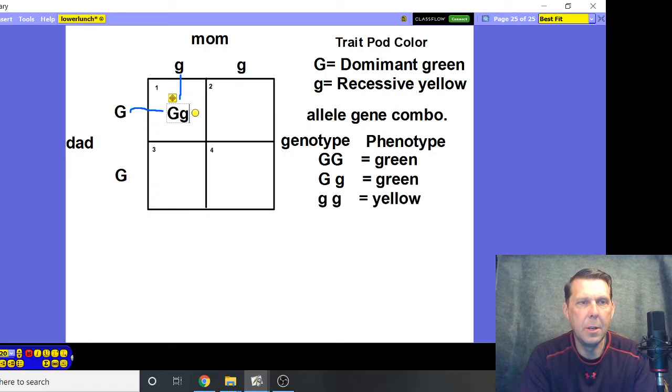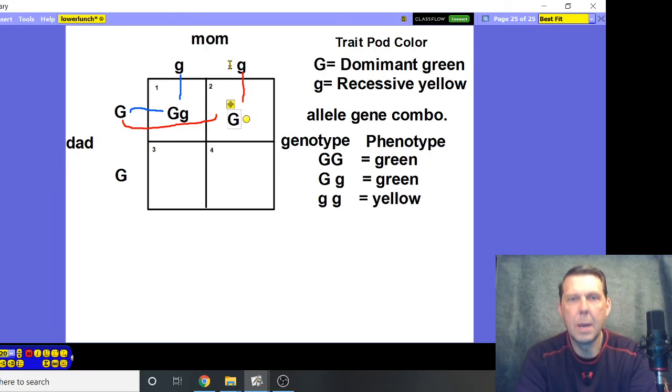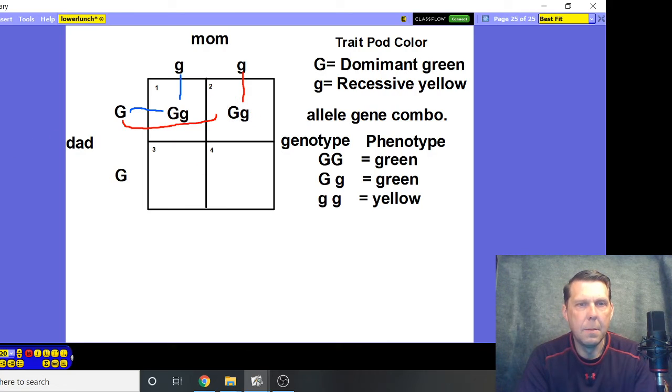All right, now pick a different color. We're going to do block 2. This G comes across, this g comes down. So you end up with capital G, lowercase g. Now, this one comes in, and this one comes down.